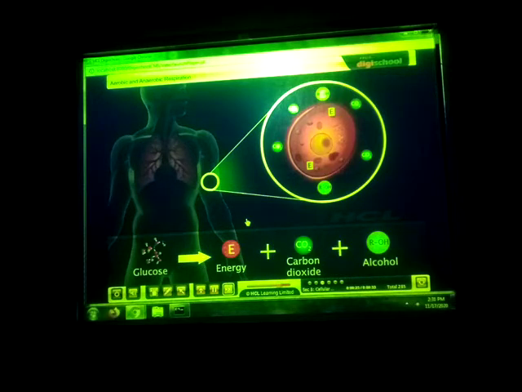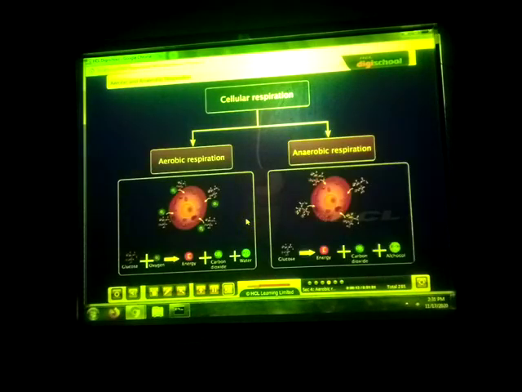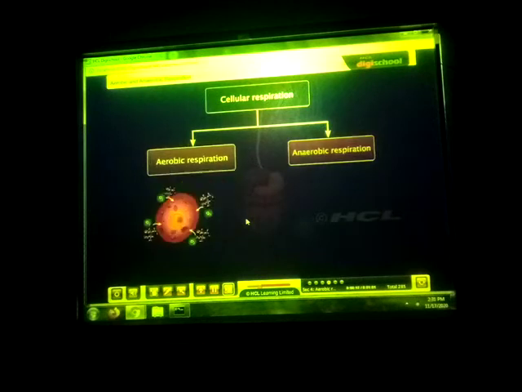This type of cellular respiration, which takes place in the absence of oxygen, is called anaerobic respiration. Therefore, there are two types of cellular respiration, aerobic respiration and anaerobic respiration. Aerobic respiration produces more energy when compared with anaerobic respiration.